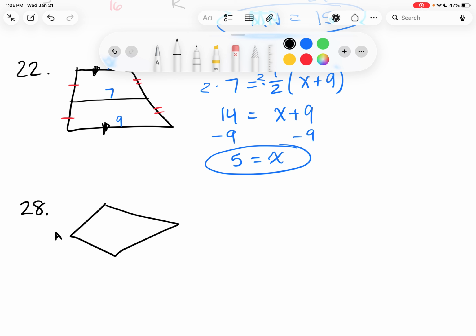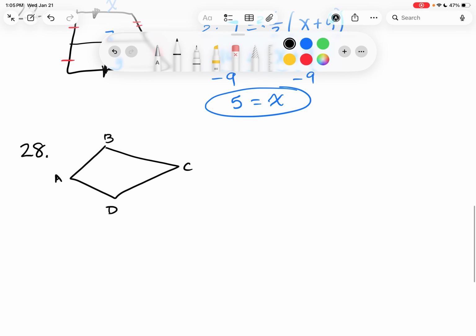I have my kite. It looks like this. And they're going to show the diagonals of the kite as well.